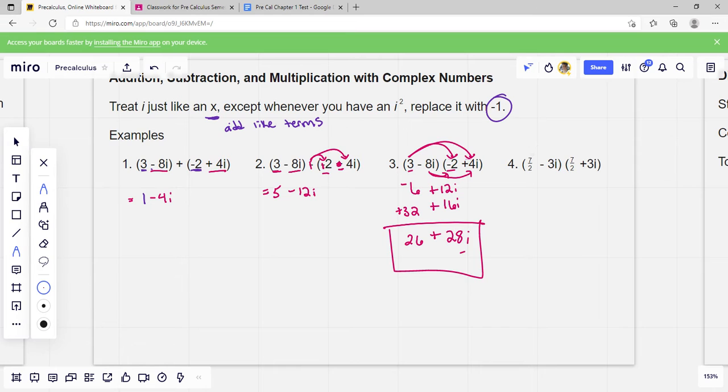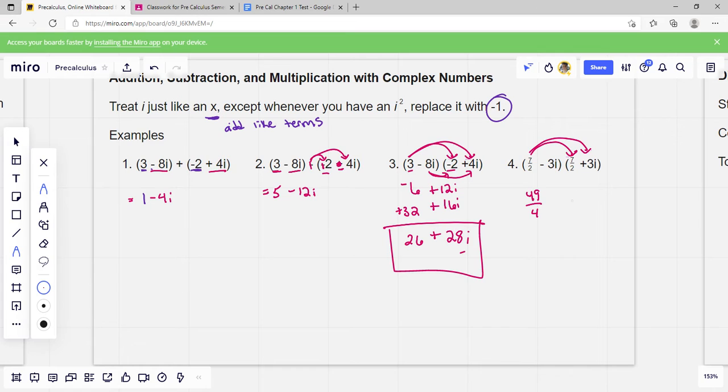Okay, this next one, we're going to do this again. We're going to multiply. So 7 over 2 times 7 over 2, which would be 49 over 4. Okay, then we're going to go times that one.